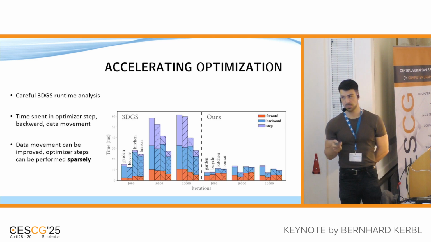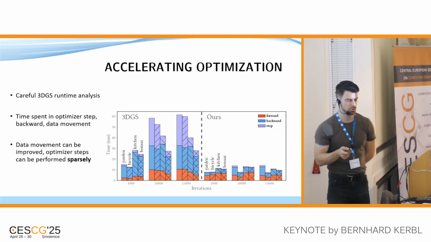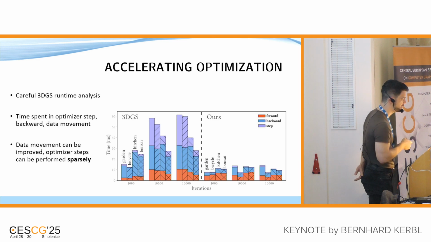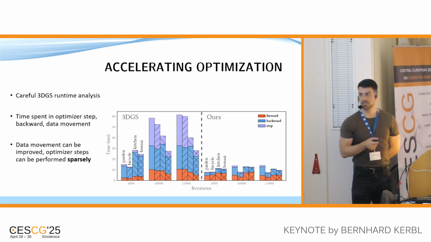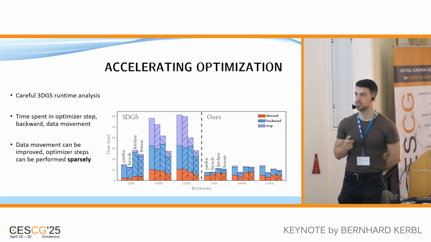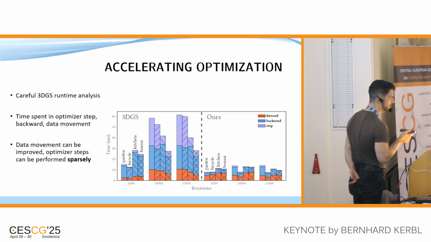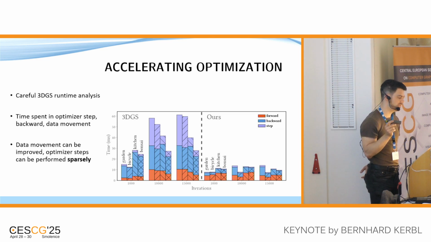And again, this was done in collaboration with the team of Markus Steinberger, and that is why this GPU engineering aspect worked out so well, and we were able to cut the time used for training by a factor of 4 to 5 times, and sometimes even more.